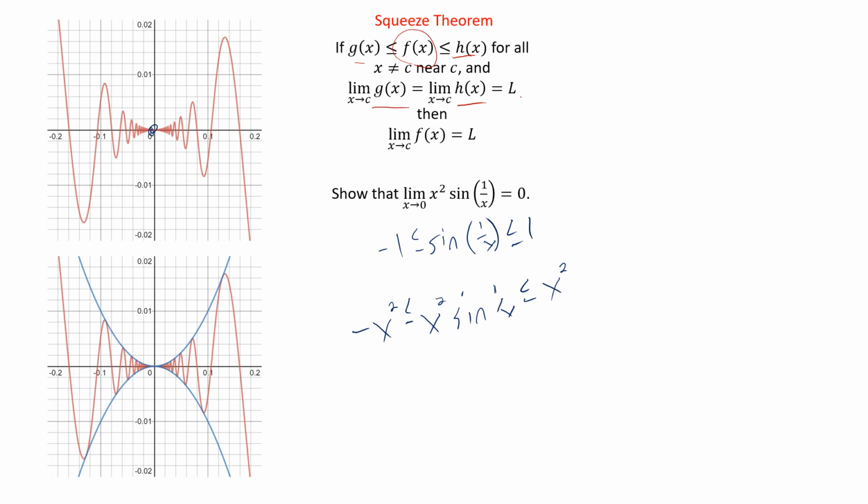Well, what is the limit as x goes to 0 of -x squared? And what is the limit as x goes to 0 of positive x squared? Well, those are both polynomials. Plug in 0, plug in 0.